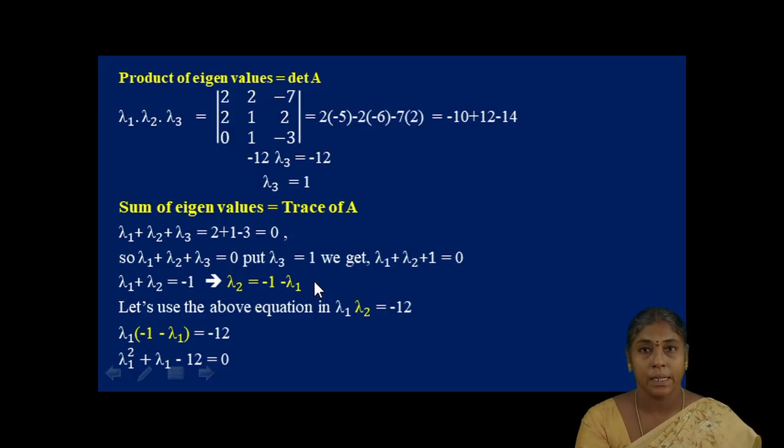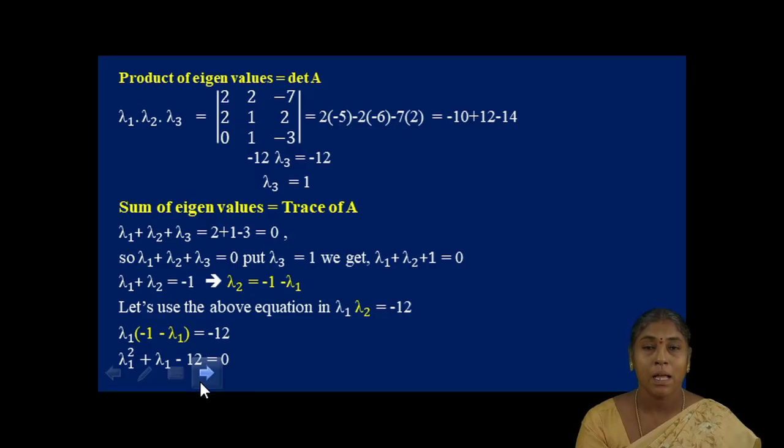So, we get lambda 1 plus lambda 2 plus 1 equal to 0. Hence, we can tell that lambda 2 is equal to minus 1 minus lambda 1. Let's use this equation in lambda 1 into lambda 2 equal to minus 12. So, when we use lambda 2 equal to minus 1 minus lambda 1, we get a quadratic equation lambda 1 square plus lambda 1 minus 12 equal to 0. A quadratic equation has two roots.